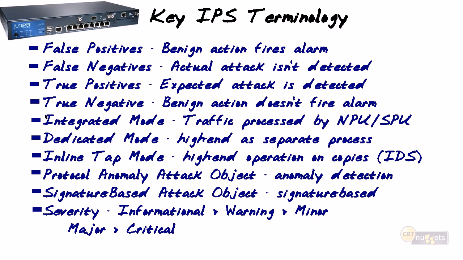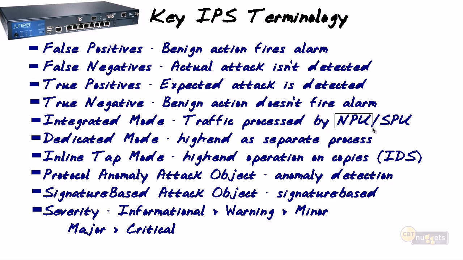Now, something else we need to understand is there's 3 different modes for deploying IPS on our device. Now, we're really only interested in one mode. On the lower end SRX, the 100, the 210, the 220, we're going to be using integrated mode, where the traffic is processed by the NPU, or the network processing unit. So on the branch devices like the ones we're using, this is the mode we use.